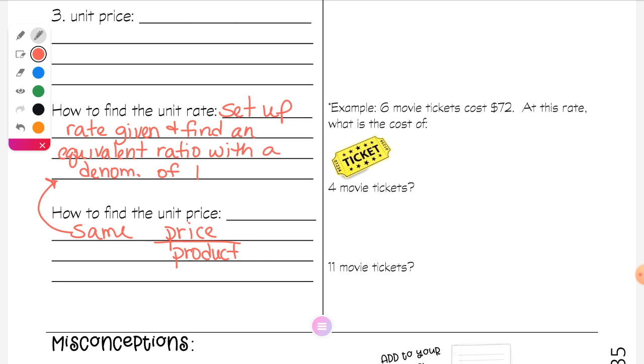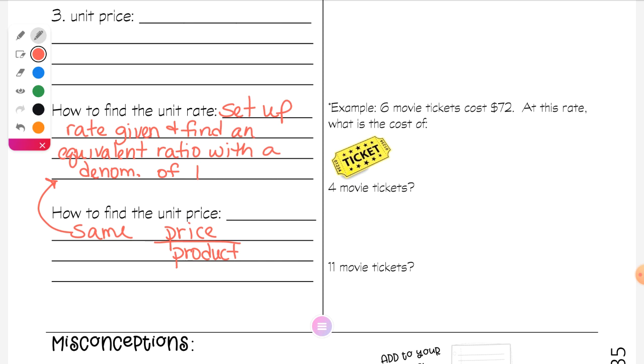If it wants hours per mile, you put hours on top, miles on bottom. So there's different ones that will work. The only one that's always the same, Jake, is price. Unit price is always price over product. Anytime you have a price or a dollar sign involved in your ratio, it always goes on top.